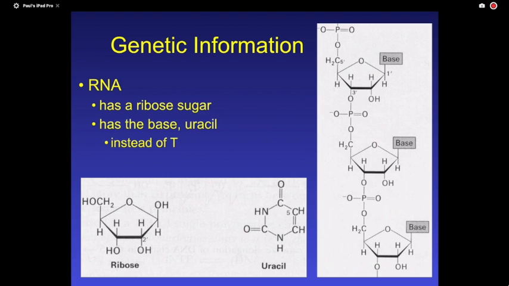What can happen is a base can take that proton. I now have a negative charge on that oxygen. That negative charge can attack, kick up, kick down, and break the bond. It has that inherent ability.